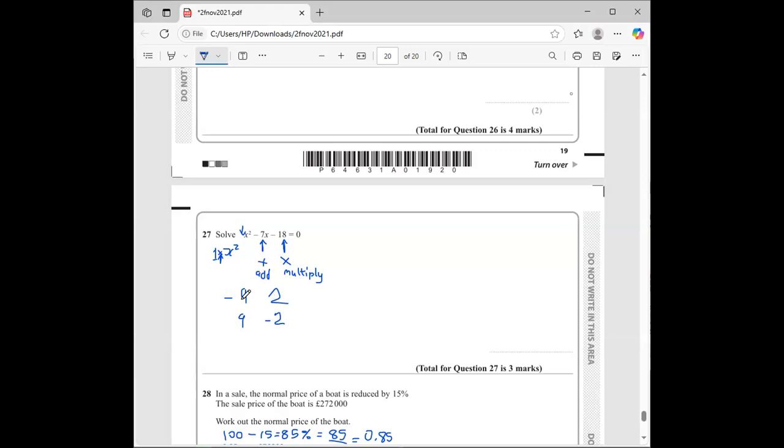Now, did you notice something? Because you were quick to identify 9 and 2, it's possible that another set of numbers could have come to your mind first, like 6 and 3, isn't it? Yes. It's also possible that the first set of numbers that could have come to your mind are 18 and 1.